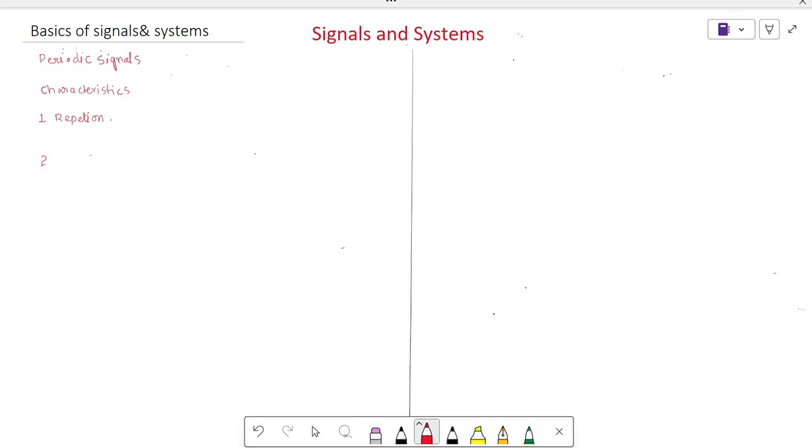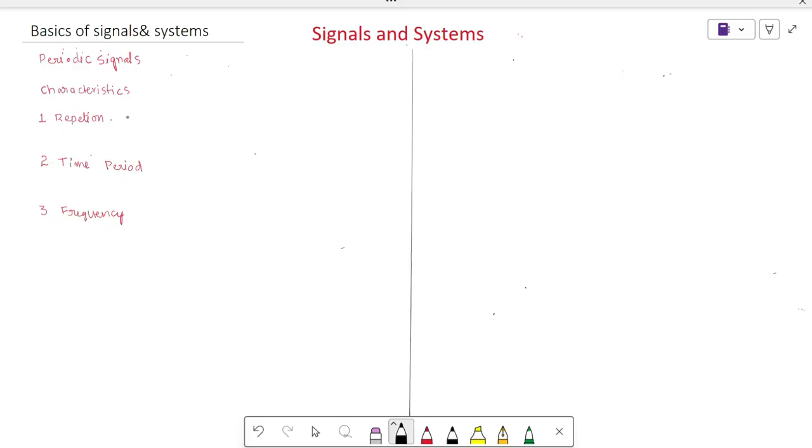The second one is very, very important. What is a time period? The third one is frequency. If you understood these three characteristics, then you will know the periodic signal. So repetition, the signal repeats itself at regular intervals, that is called repetition.